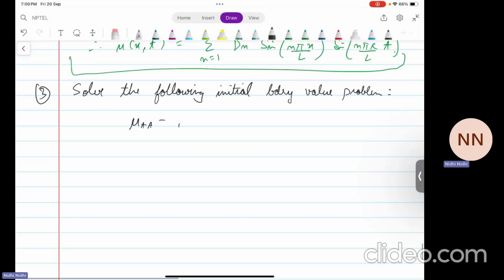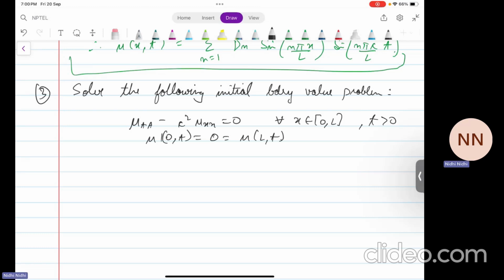Utt minus c square uxx is equal to 0 for every x in 0 to L, t positive. U(0,t) is equal to 0, which is equal to U(L,t). Ut at (x,0) is 0. U(x,0) is mu naught sine cube pi x by L.